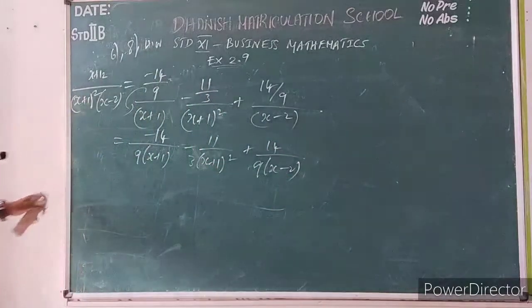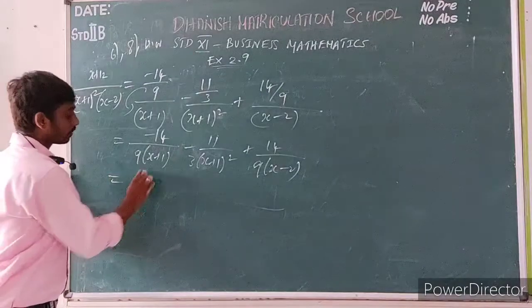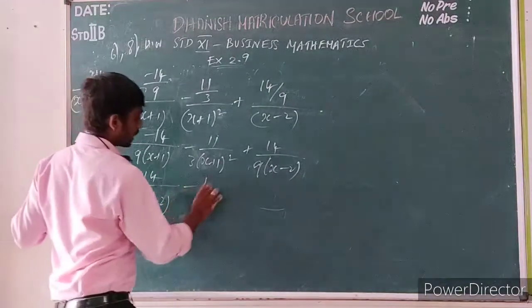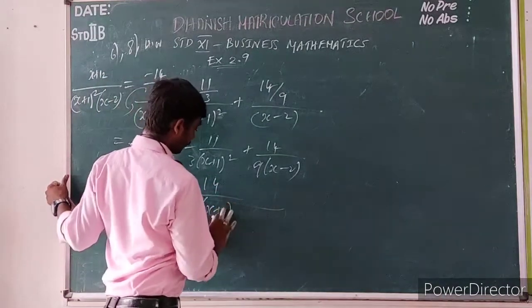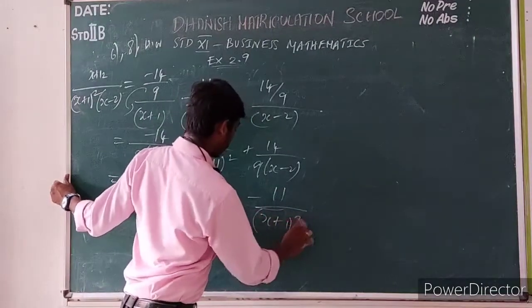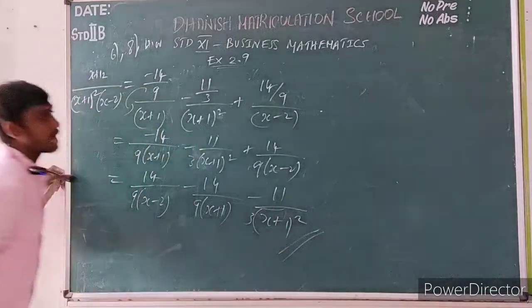Every equation starts with a positive value, here we have a negative value, so it changes like this. 14 divided by 9 into x minus 2 minus 14 divided by 9 into x plus 1. Here minus 11 divided by 3 into x plus 1 the whole square is the answer for this question.